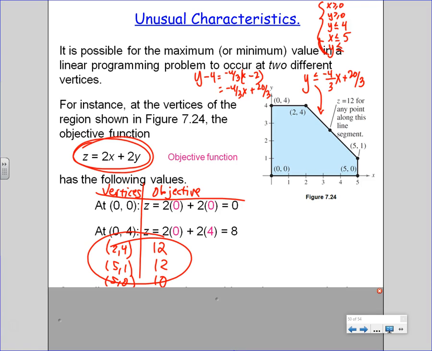They're on the same line. Unusual characteristic. Yeah, exactly. It is what it is. The highest that this thing can go is 12. So it's going to be a maximum value of 12.